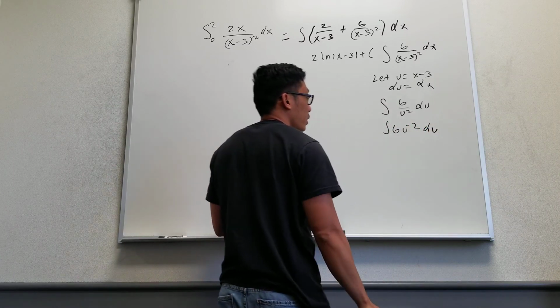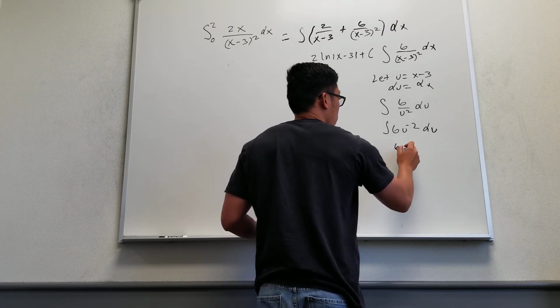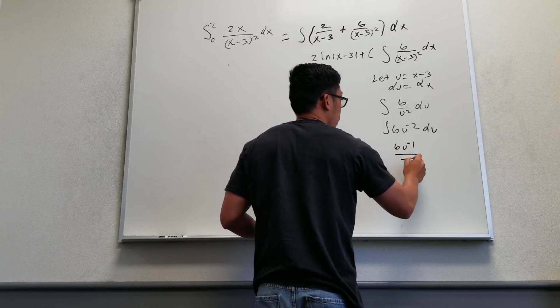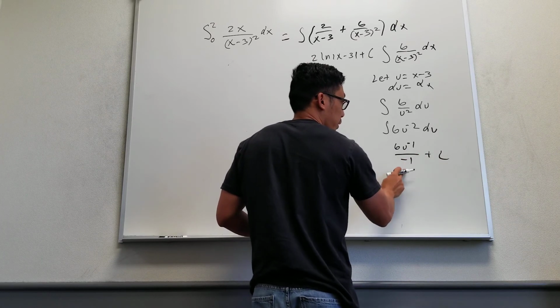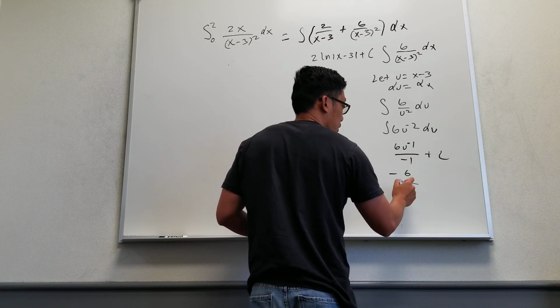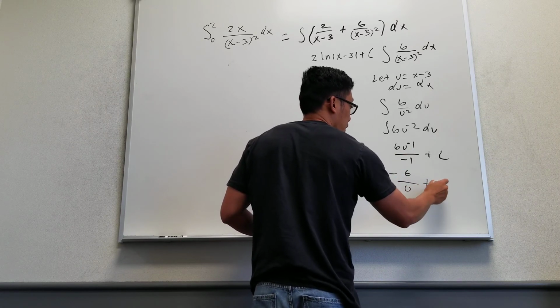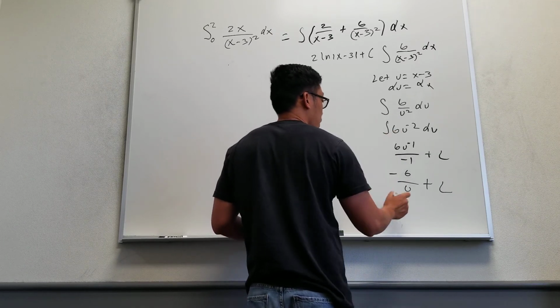Now we integrate that, so the integral would be 6u to the negative 1 over negative 1, plus C. Then I'm going to rewrite it: the negative comes out, the u goes on the bottom. Now, what is u? x minus 3, right?